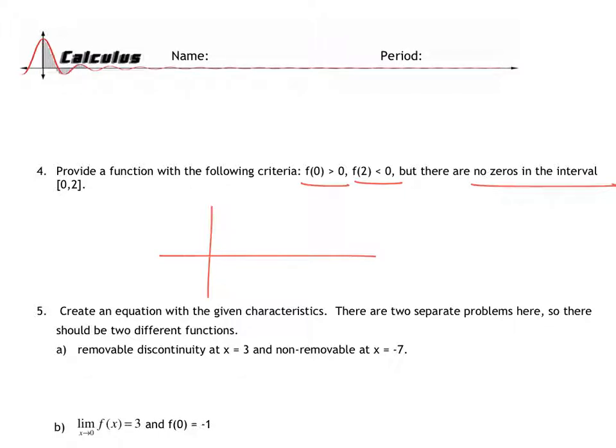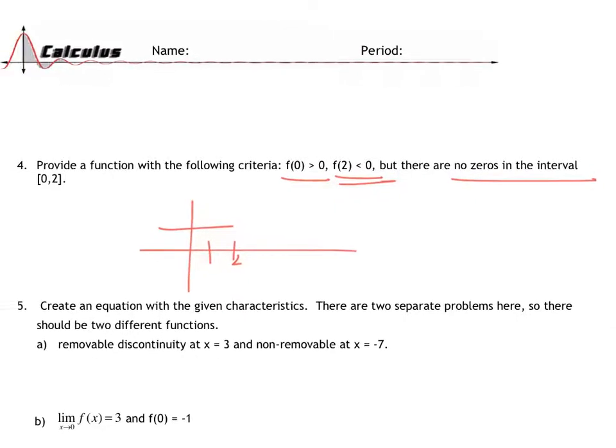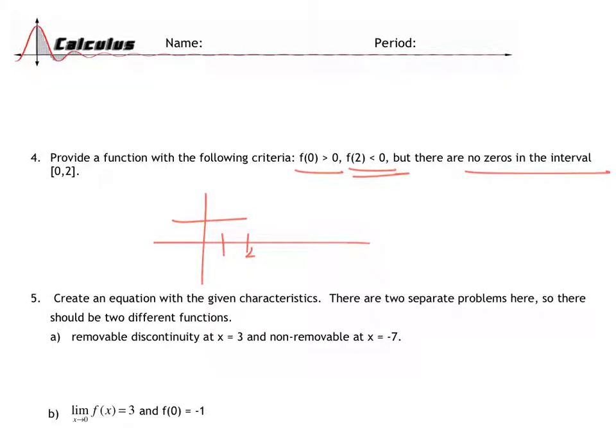So let's make life easy. Let's just use constant functions. We know f of 2 is the cutoff, and we want everything to the left of 2 to be greater than 0.